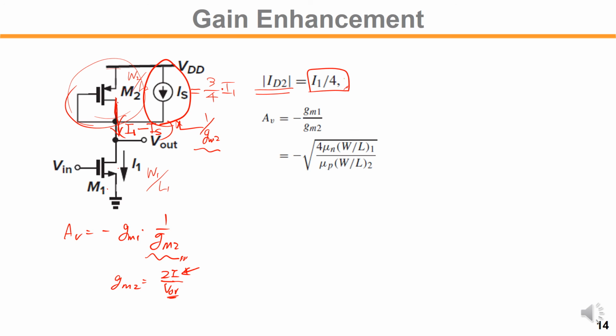Then the overall gain will be like this equation. So we get 4x larger, actually 2x larger voltage gain out of this kind of configuration.